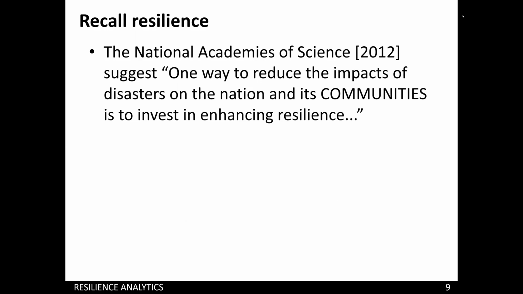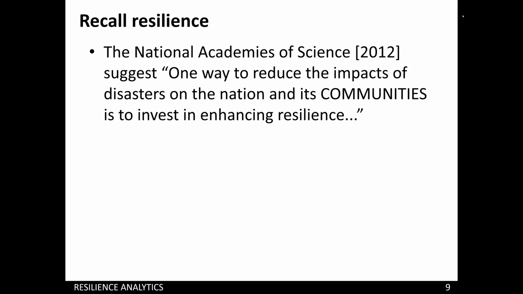And there was a particular document from the National Academies of Science that tied together this idea of physical infrastructure resilience, just broadly speaking, resilience to infrastructure damages, resilience to different kinds of disruptive events, and community impacts.